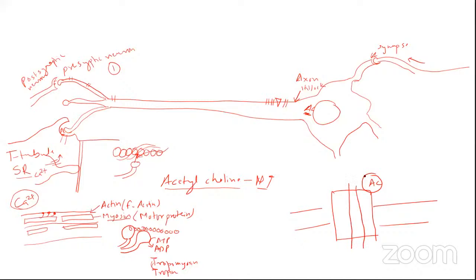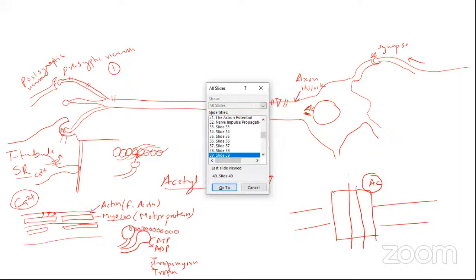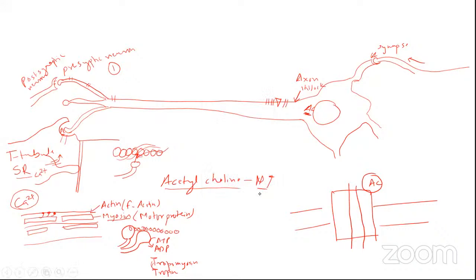And if the channel that it opens after binding of acetylcholine is a sodium ion channel, what will happen to the postsynaptic neuron? Is the question clear? Should I repeat?